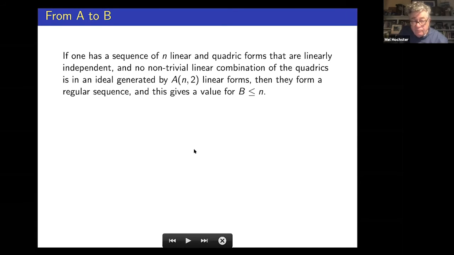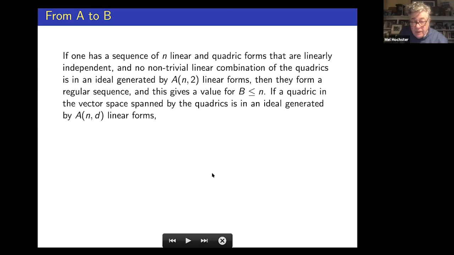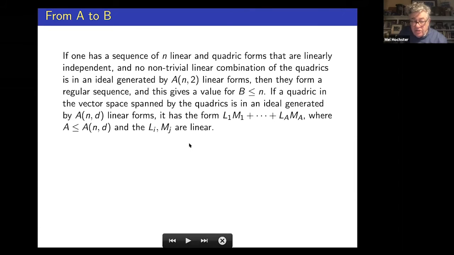And this gives you a bound. But on the other hand, if a quadric collapses, then you can write it in terms of linear forms, and you know what A is. So what happens is you put these linear forms into your family.